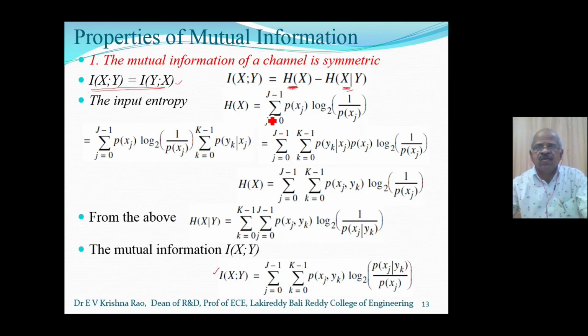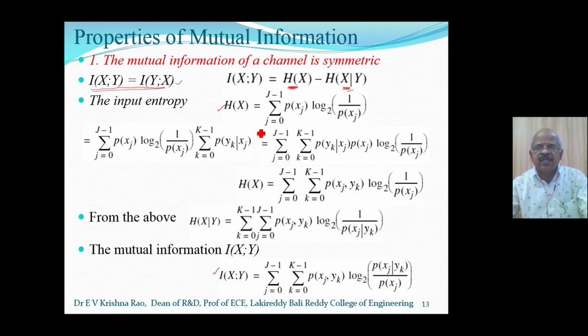Let us go through this. H(x) = sigma p(xj) logarithmic base 2 of 1 by p(xj), for all j. This is the entropy of the input probabilities p(xj).